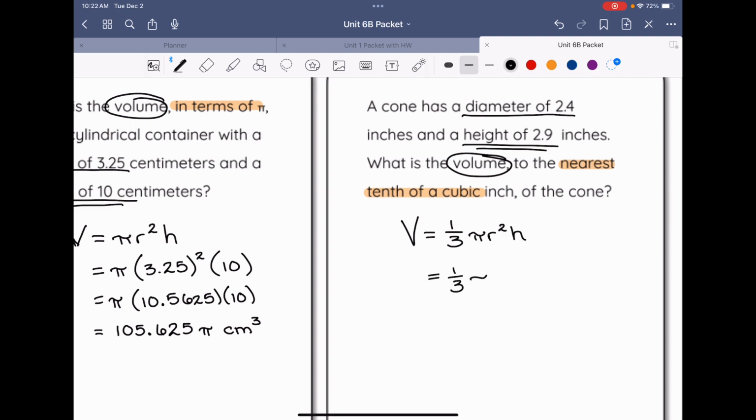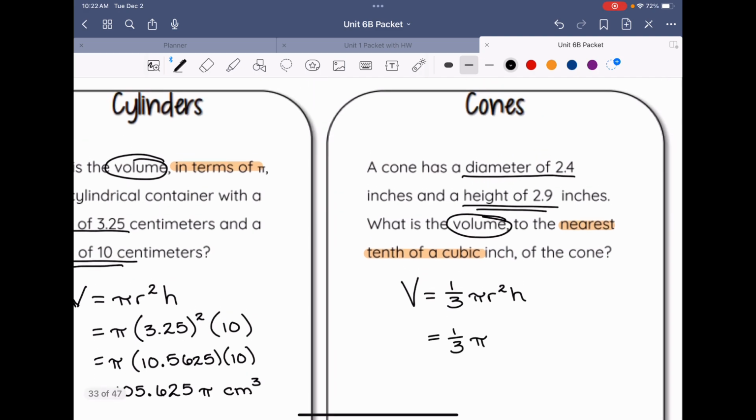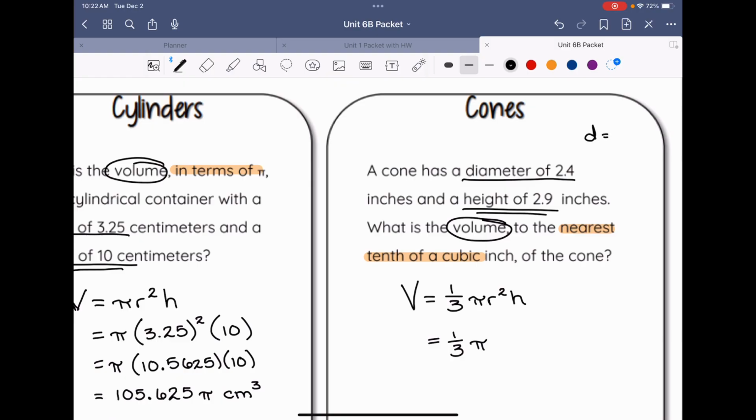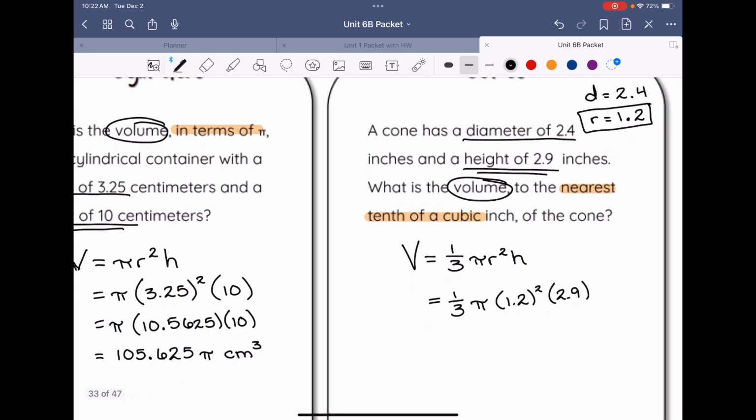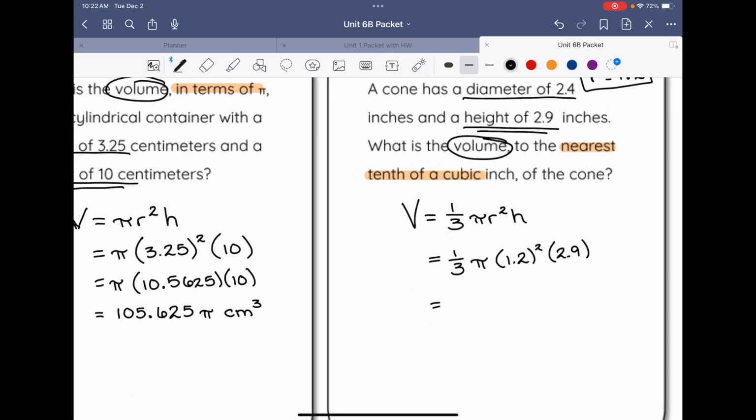All right, so I'm plugging in the radius. Now, they give us the diameter. So the radius is half the diameter, so we should be using 1.2 in our formula. So 1.2 squared times 2.9. I'm going to square my number first, so 1/3 pi times 1.44.